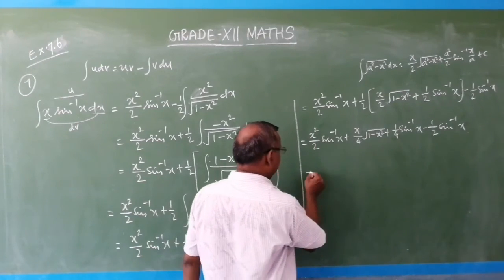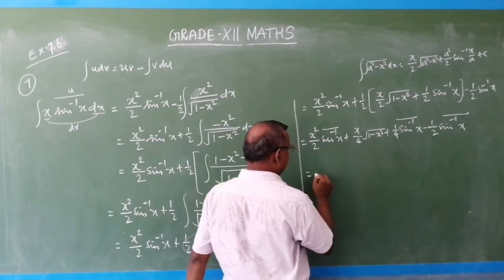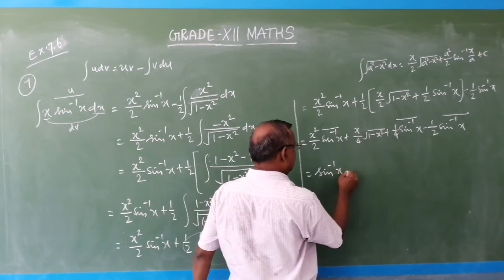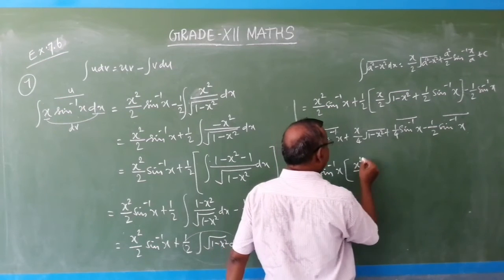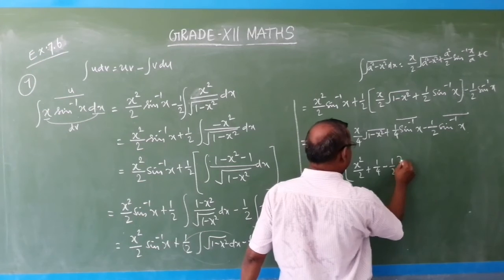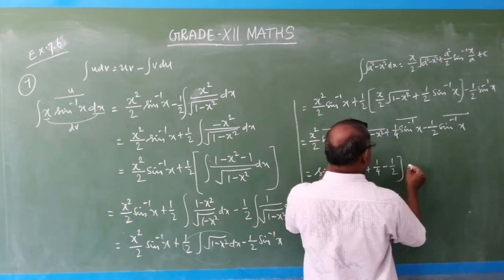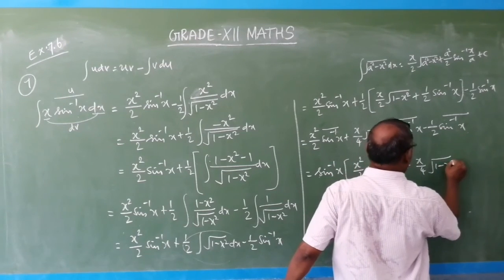Now, taking sin inverse of x as common, we have sin inverse of x into x square by 2 plus 1 by 4 minus 1 by 2, and the other term plus x by 4 into root of 1 minus x square.